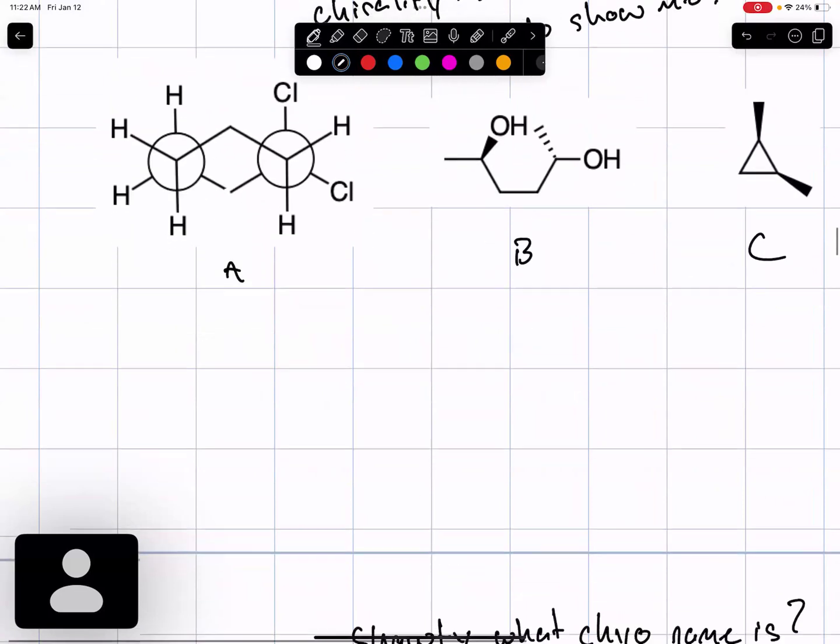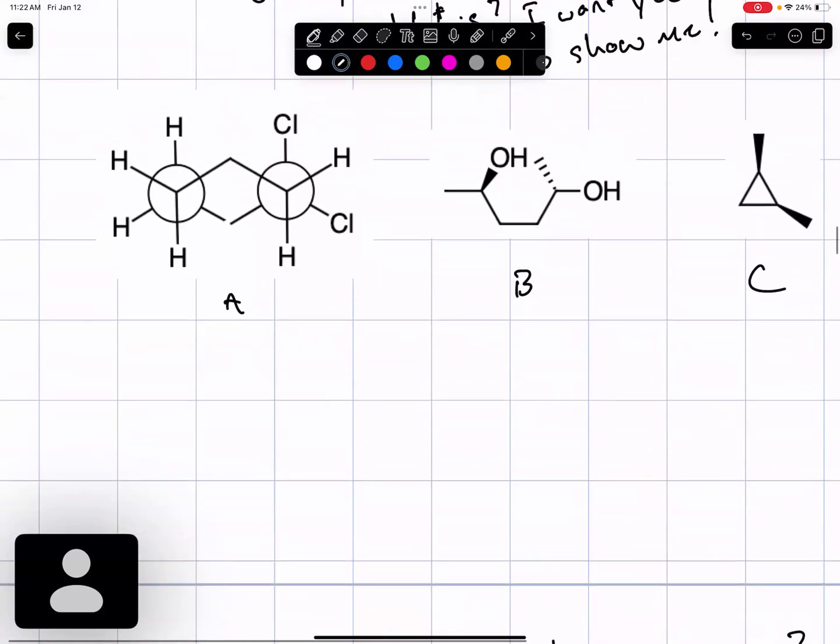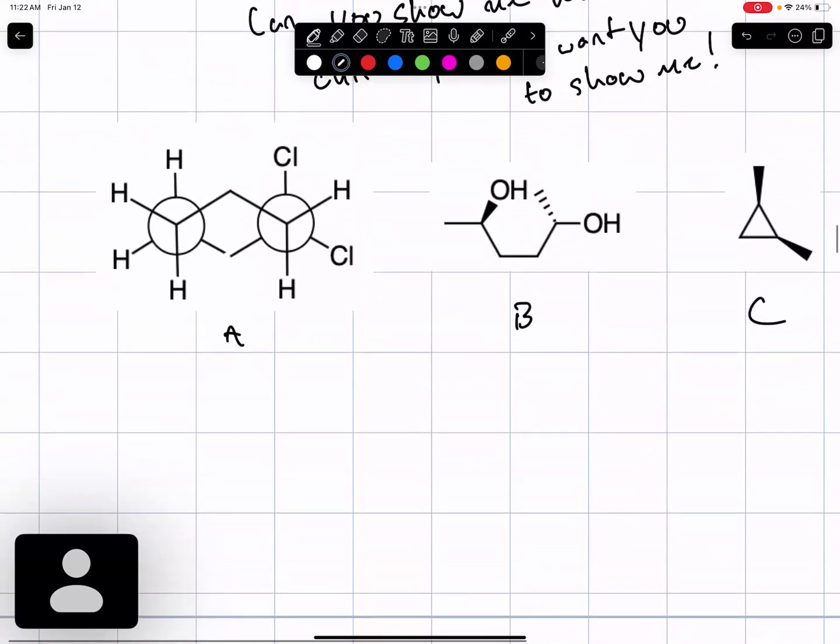This is a tough Newman projection. Let me start off with the question. How many carbons are on this ring? Okay, so we have a front carbon and a back carbon, represented by the circle.